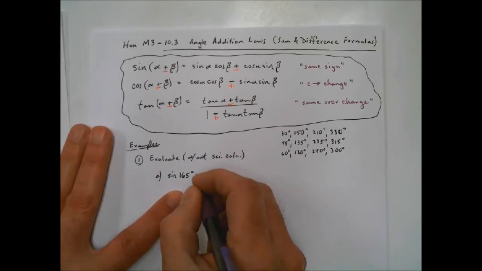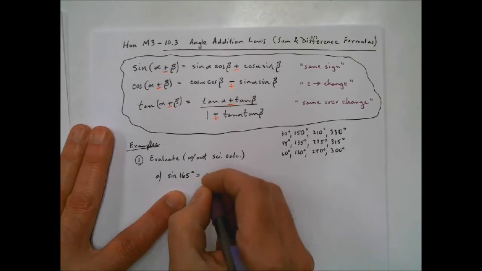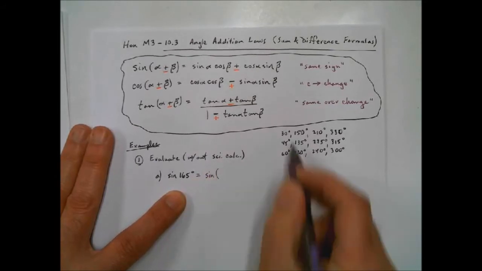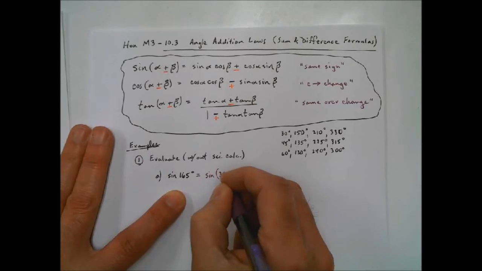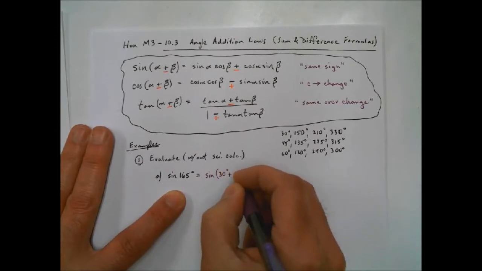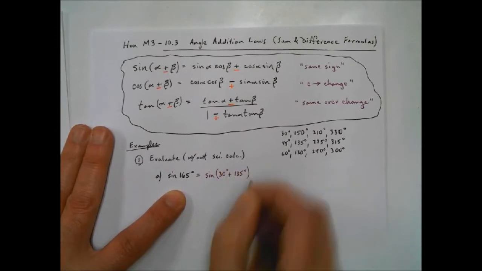So I'm rewriting the problem as sine of 30 degrees plus 135 degrees.